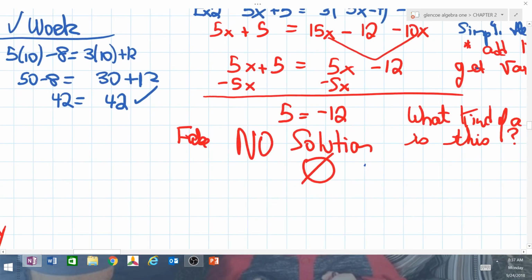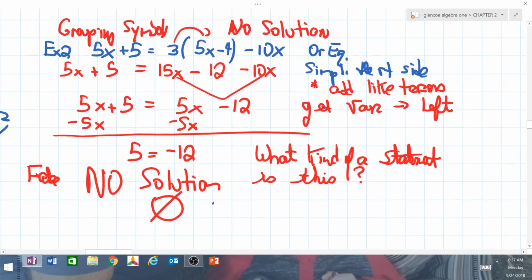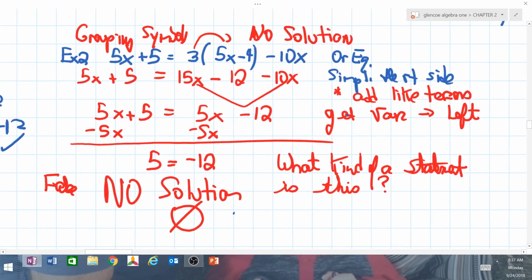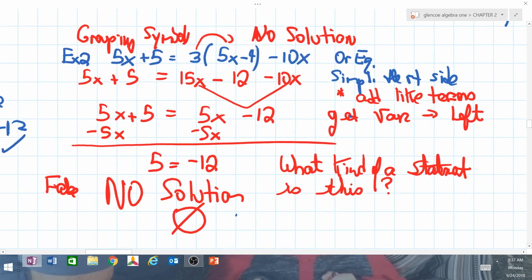The other scenario is you have an equation with variables and numbers on both sides. And let's look at this one more time. 5x plus 5 equals 3 times the quantity 5x minus 4 minus 10x. That's your original equation.